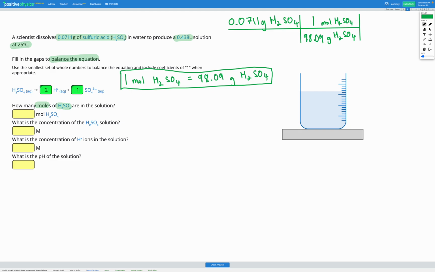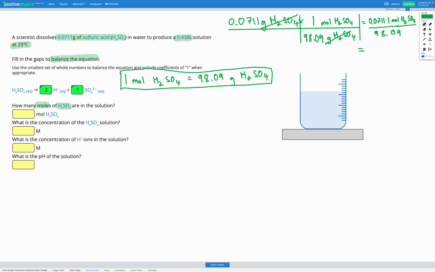So we're going to multiply everything on the top, divide by everything on the bottom, and we're left with 0.0711 multiplied by 1 mole of H2SO4 divided by 98.09.